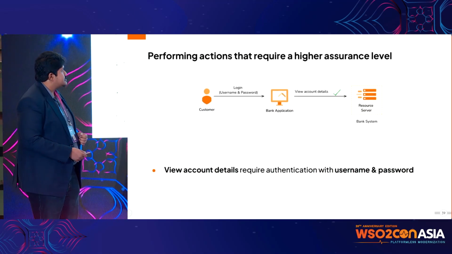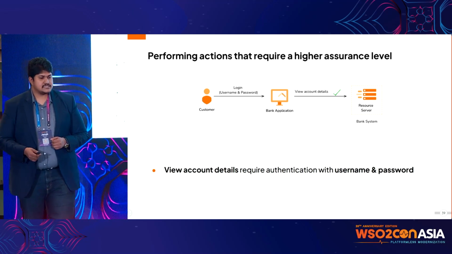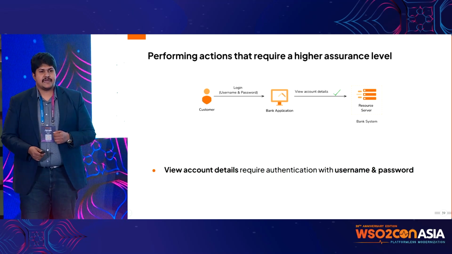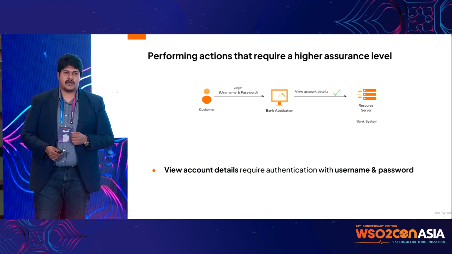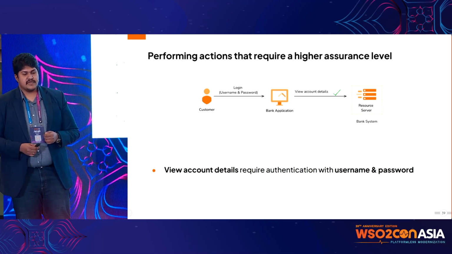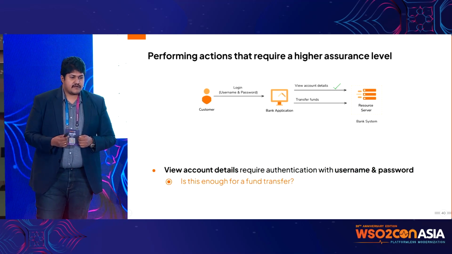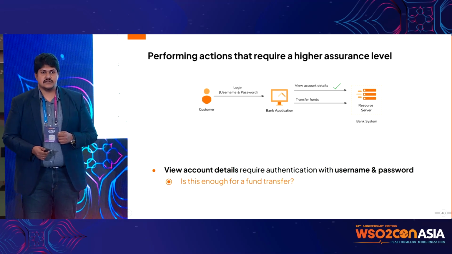Moving on, let's go to another scenario where a customer has already logged into the banking application with username and password. Now, say the customer wants to view the account details. Okay, fine, username and password is enough for this. But what if you want to do a fund transfer as well?